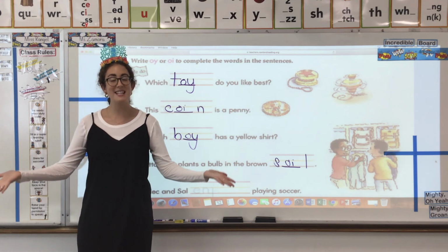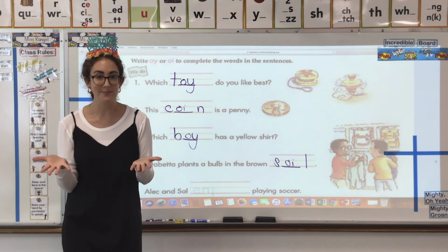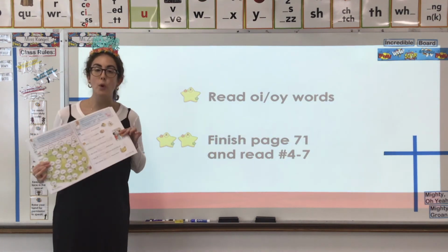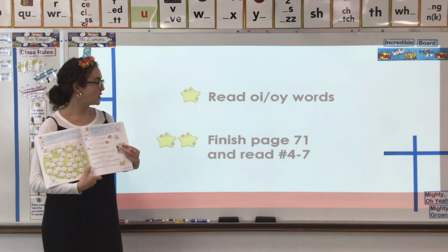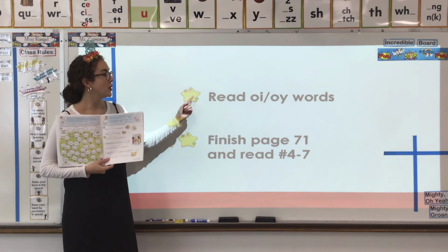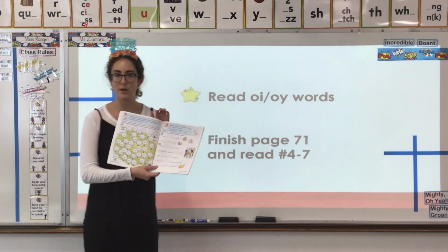So now, of course, it's going to be your turn to finish practicing on your own. Just like we've been working on this week, we've got two similar star levels. For star number 1, you're going to read the O-I and O-Y words.